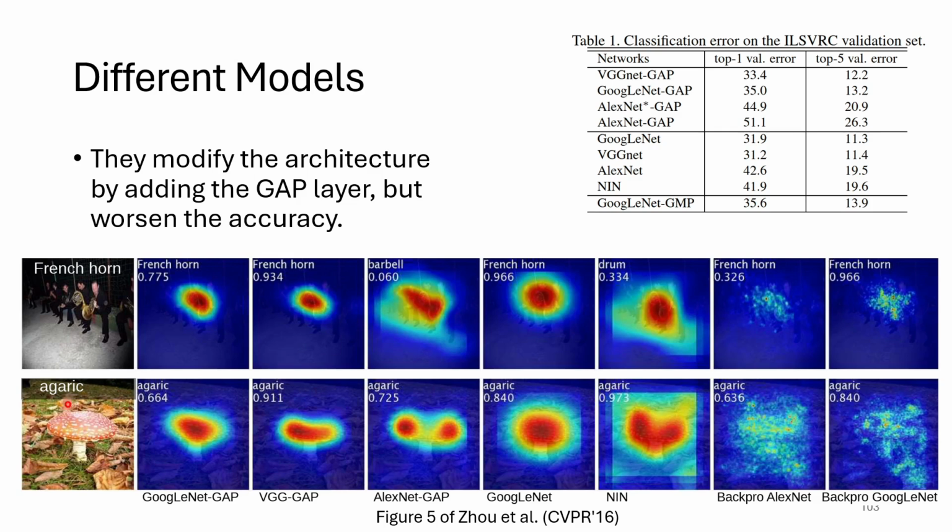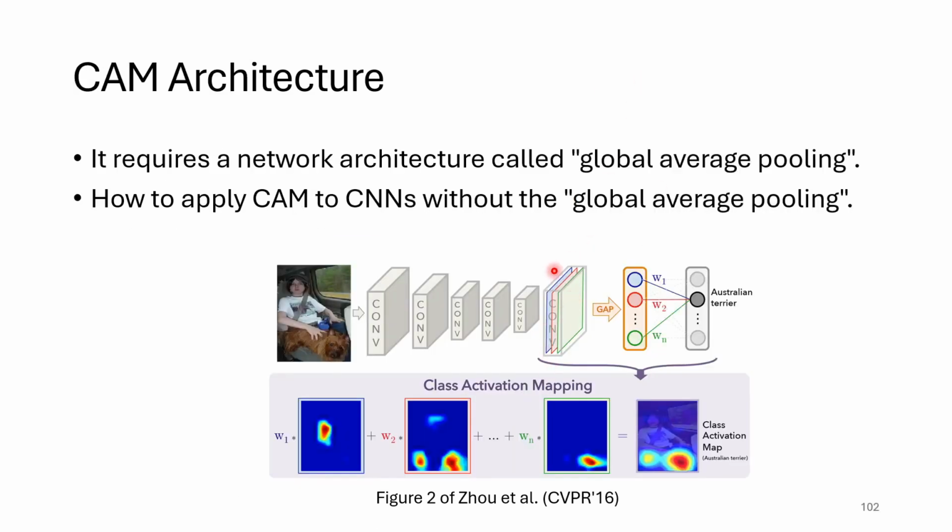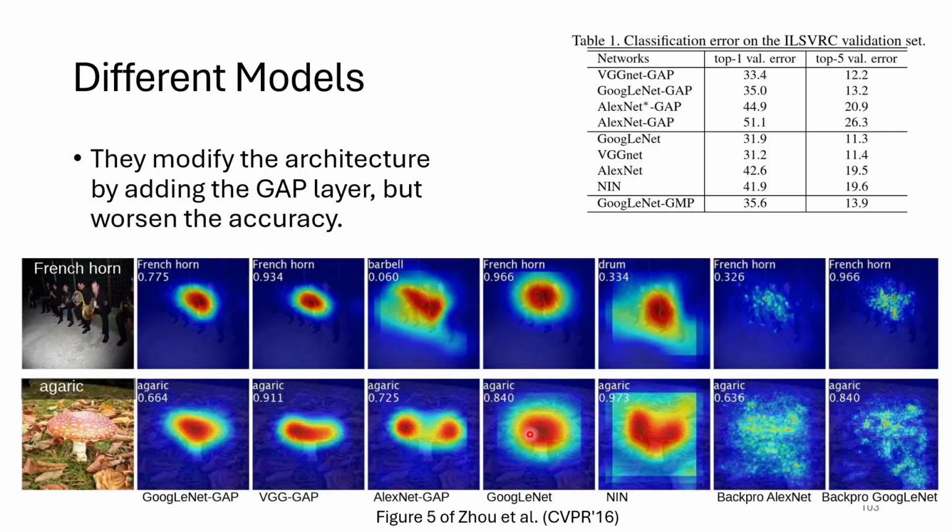And if they try another image, this looks like a mushroom, yes, they can show it. Okay, so it means if you prefer, you can modify your architecture to add the global average pooling layer so that you can generate the heat map. It helps you understand whether your network is correctly paying attention to a certain area.